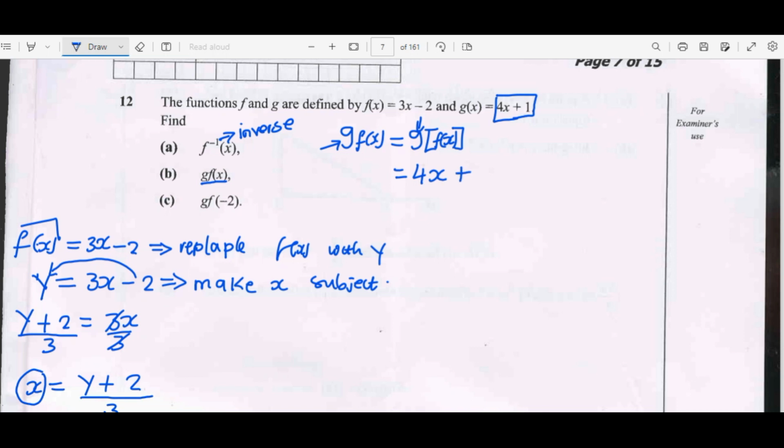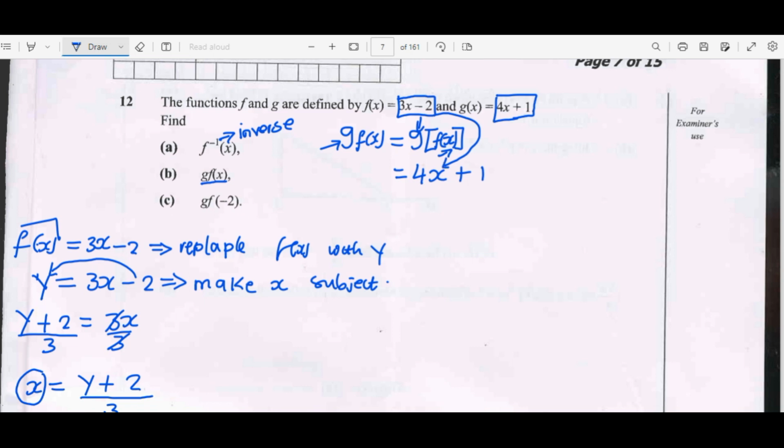4x plus 1. Then what are we going to do with the inside function? So the inside function is this function. Now, where are we supposed to put this function? So this function must now be substituted where there is x.